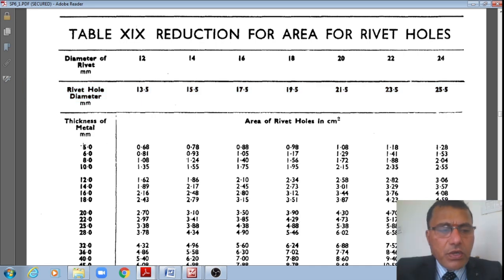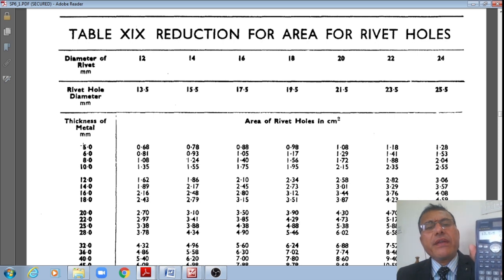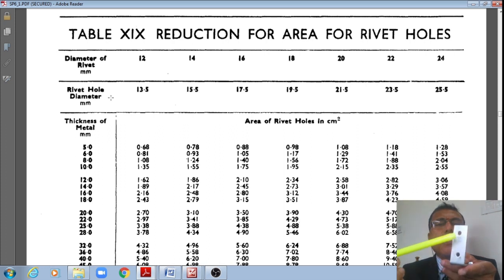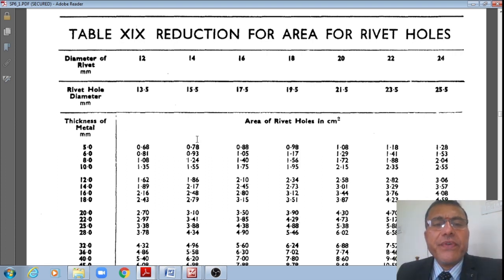Therefore, 13.5 multiplied by 5, now I'll get 67.5 mm square, or it is rounded off to 0.68 centimeter square. That is how, over this rivet hole diameter, that much area is lost: 13.5 multiplied by 5 works out to 67.5.